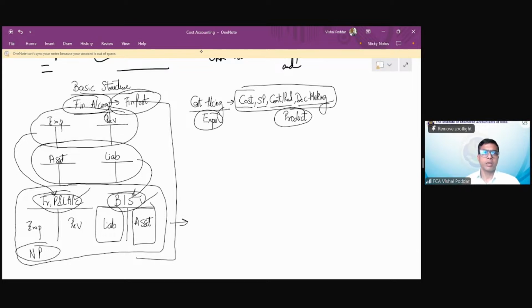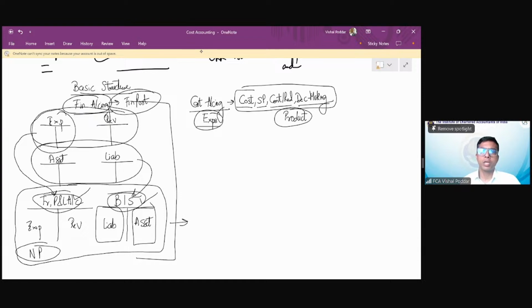Now, when in financial accounting you were preparing the expense accounts, you prepared a number of accounts, starting from purchases, then direct wages, all types of direct expenses, then indirect expenses, printing and stationery, rent, light bill, and all types of professional fees. All these accounts you prepared in financial accounting.